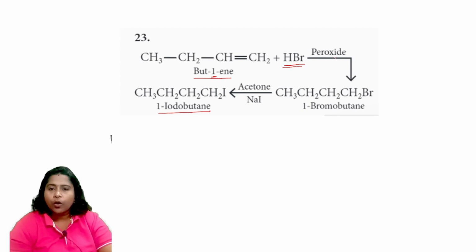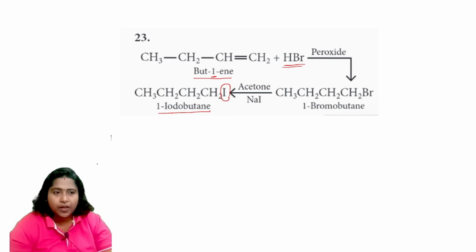Here I am using peroxide. Why are we using peroxide? Because I need iodine to be attached at the first position. Suppose I am using only HBr, for example CH3, CH2, CH double bond CH2.